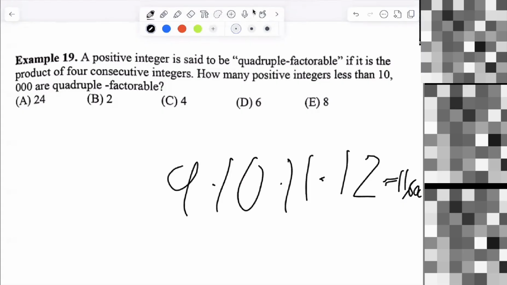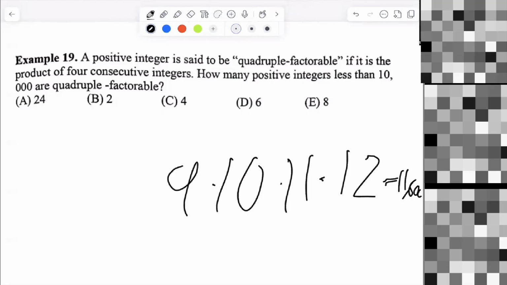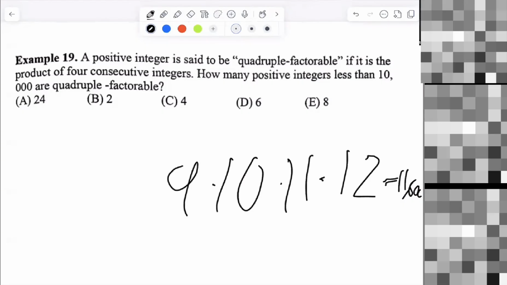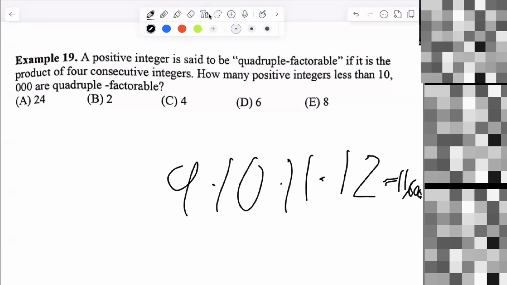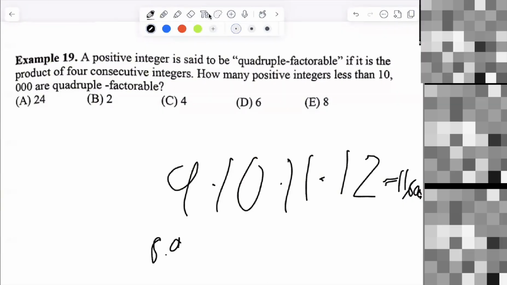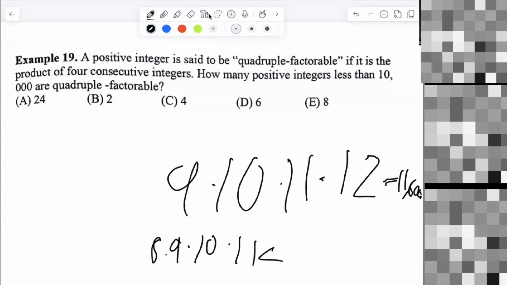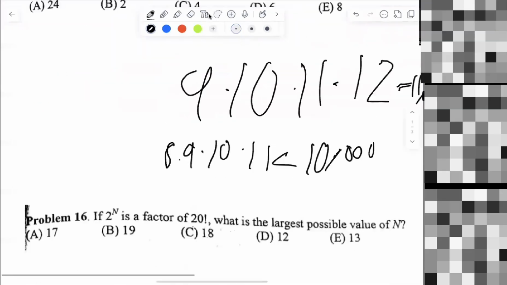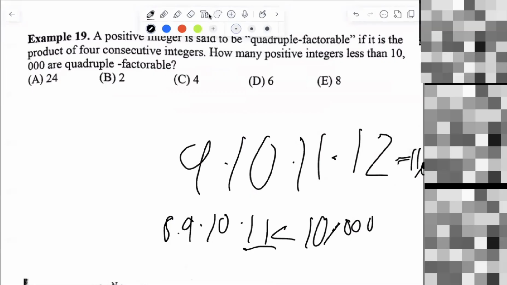All right. But what else can we do from here? Well, notice that if we take one step down, this becomes 8 times 9 times 10 times 11, which is indeed less than 10,000. So 11 is the greatest number to be in this set.